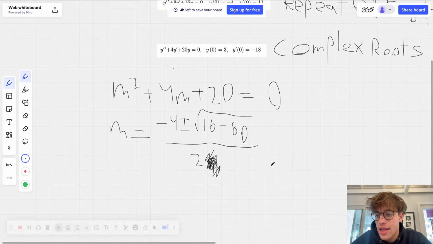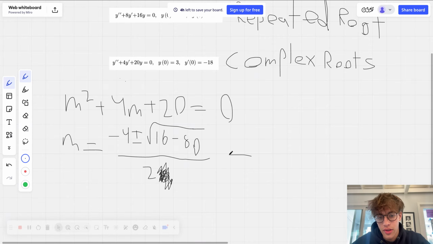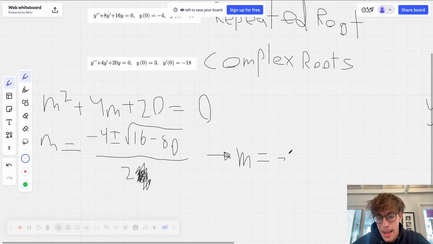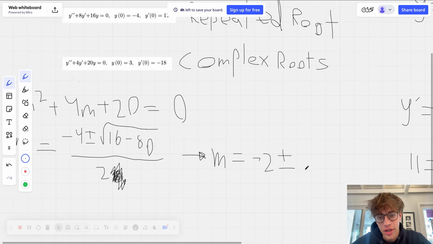Now we can simplify this. This is -64, which means it is 8i. So -4 plus or minus 8i over 2. Then divide everything by 2, so it is -2 plus or minus 4i. This confirms this one has complex roots.